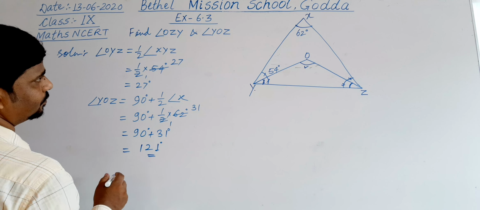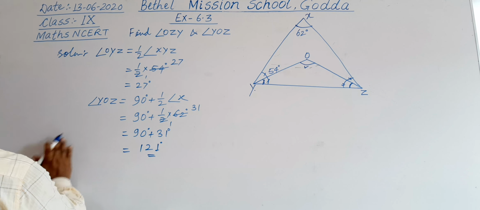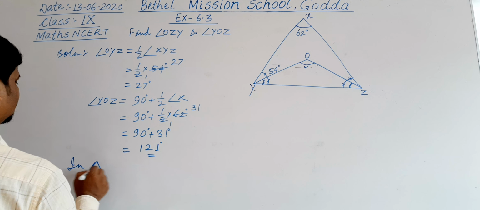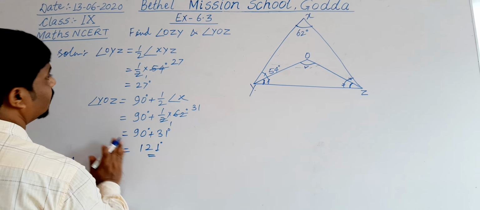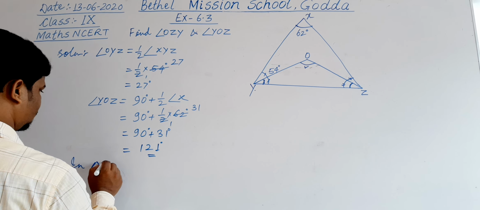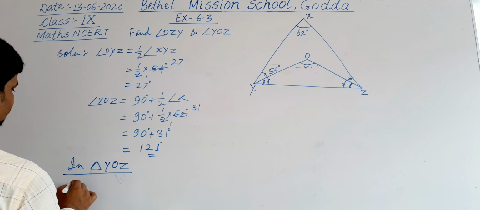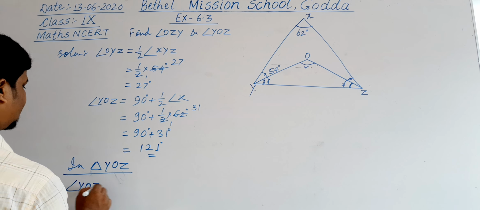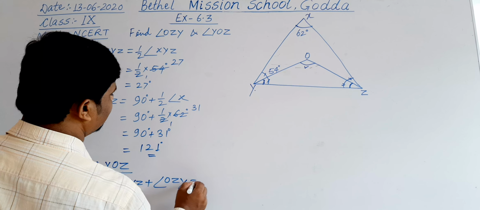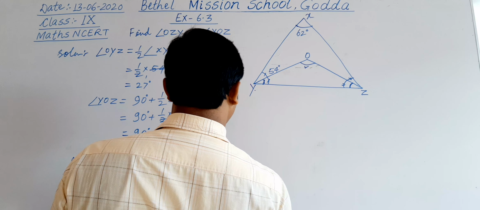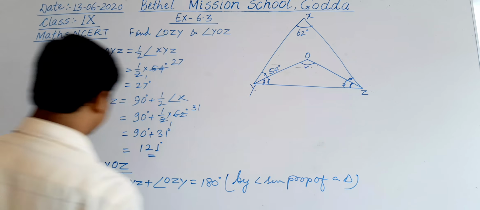So in triangle YOZ, angle YOZ plus angle OYZ plus angle OZY equal to 180 degree by the angle sum property of a triangle.